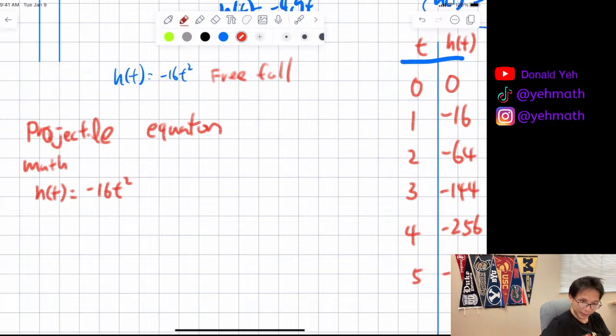So this part, we know, is a free fall. But the problem is I stand on top of the chair. I throw something up. There's some effect on the marker. And this effect is going to be V naught t.